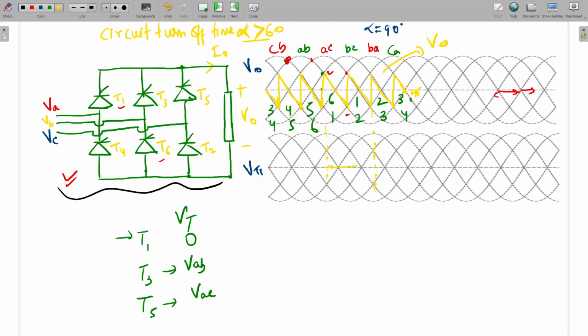So here to here it will be 0. And again it will come. So what will the voltage be if 3 conducts? VAC. Which one is VAC? This one is AB. This one is AC. AC is this one. So it will be here to here.